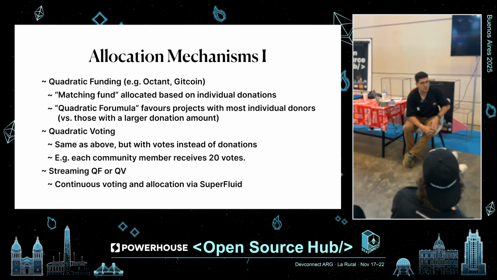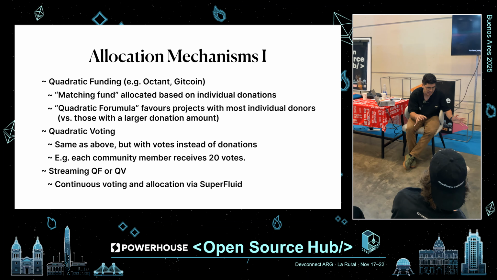And this is something I forgot to mention. You have to think of a set of projects that need to receive funding. Let's say 10 projects, A, B, C, D, E, F, and the distribution of how the money goes to those projects from the matching fund is decided by the individual donations of other people.